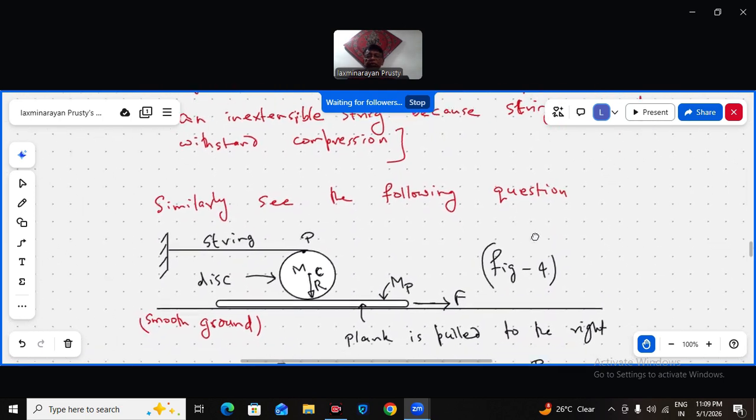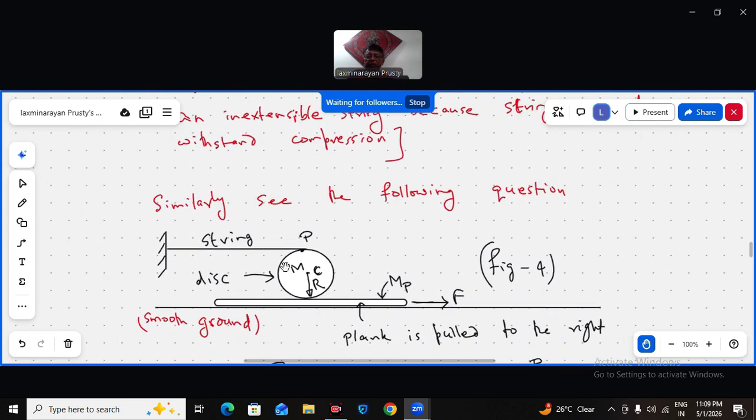Similarly, another problem I will discuss with you. This is a plank placed on a smooth ground, and there is a cylinder. On the cylinder top point, there is a string wrapped around the cylinder and connected horizontally to the rigid wall.